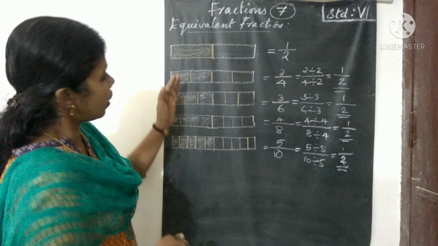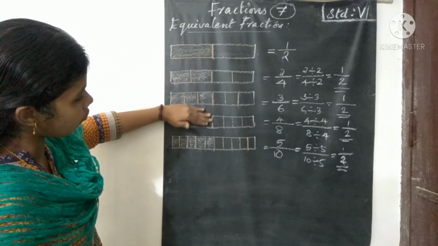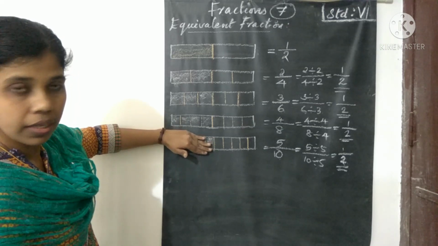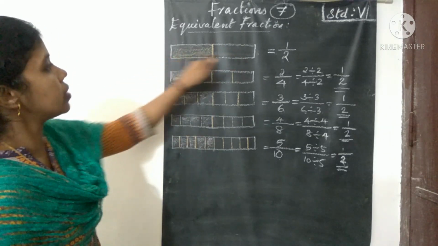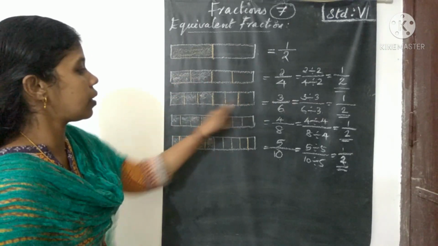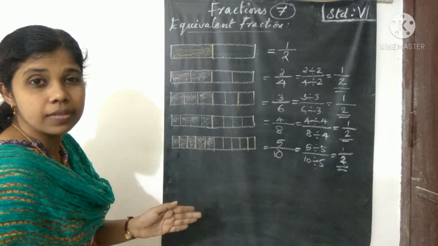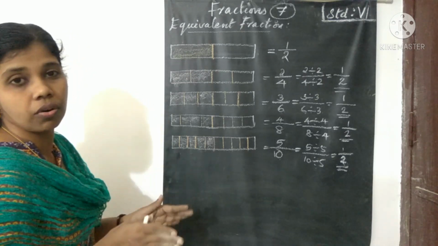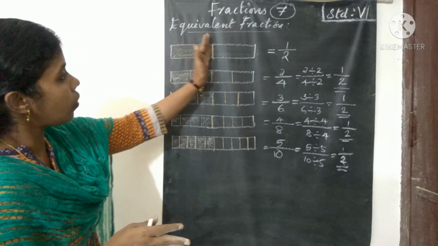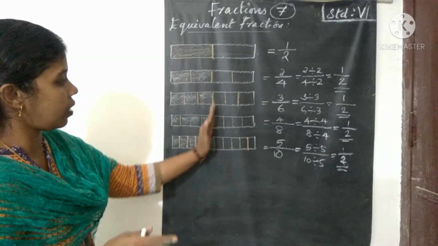Listen here. All these have just half the part shaded. Here this is one chocolate bar. This is another chocolate bar. All these are the same size and same shaped chocolate bars. In all these chocolate bars, only the half portion is shaded.